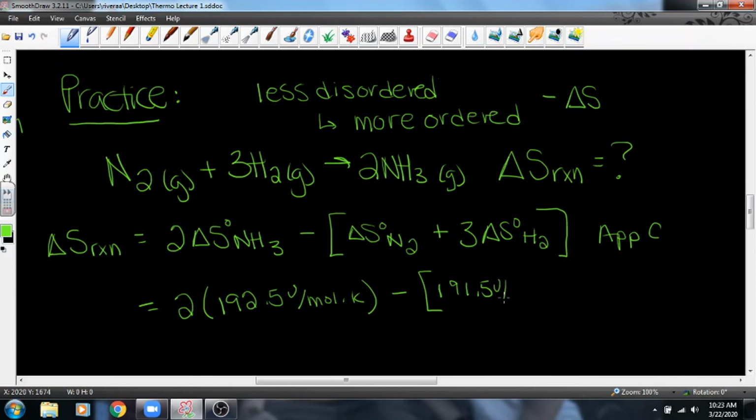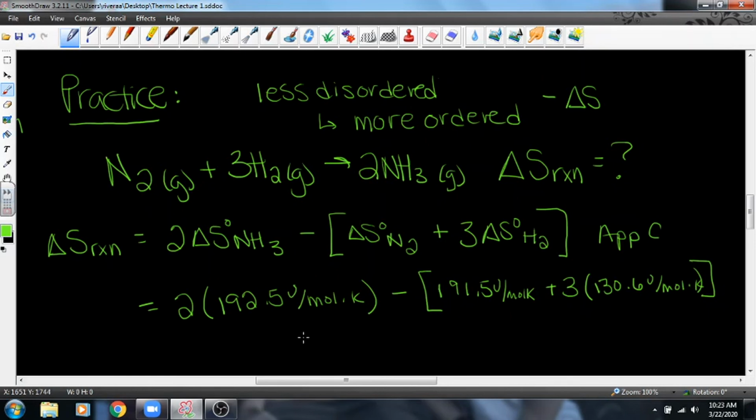Plus 3 times hydrogens, which is 130.6 joules per mole Kelvin. Another thing about standard molar entropies, you guys, these S naught values are always going to be positive values.